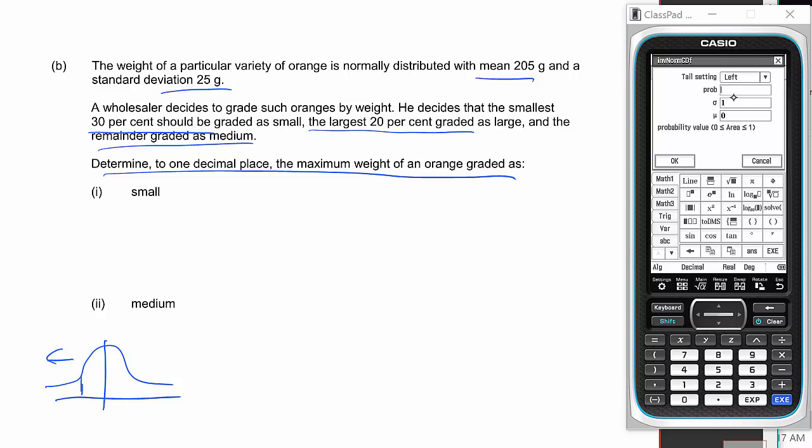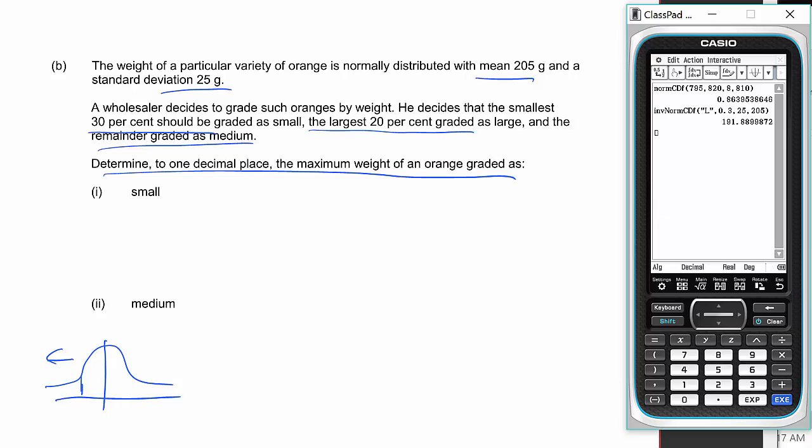They're telling us that it's 30%, so that's a probability of 0.3. The standard deviation is 25, and the mean is 205, and that gives us 191.9.